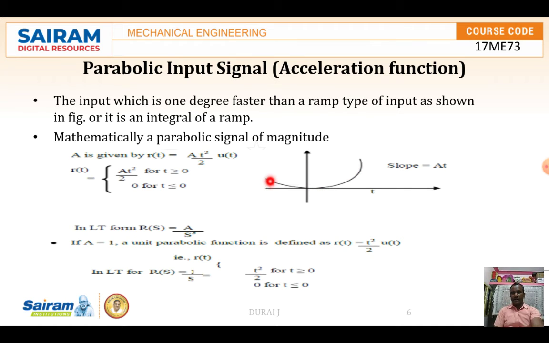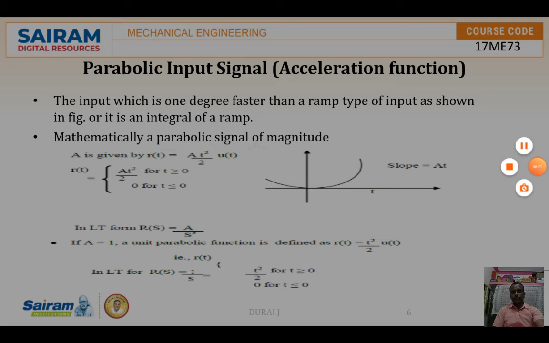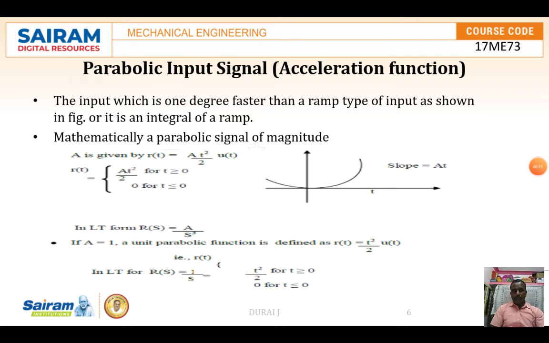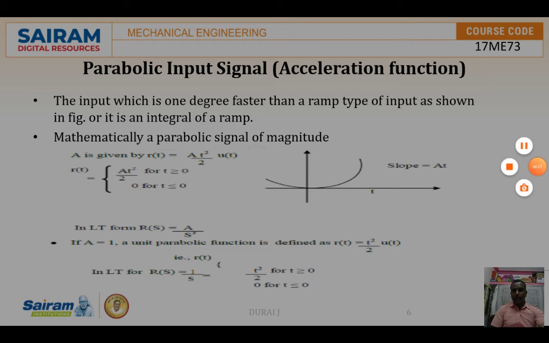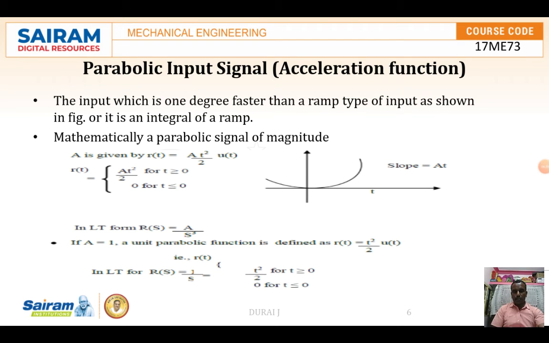In another way, we can define it as the input which is one degree faster than the ramp type input, as shown in this figure. It is an integral of the ramp.